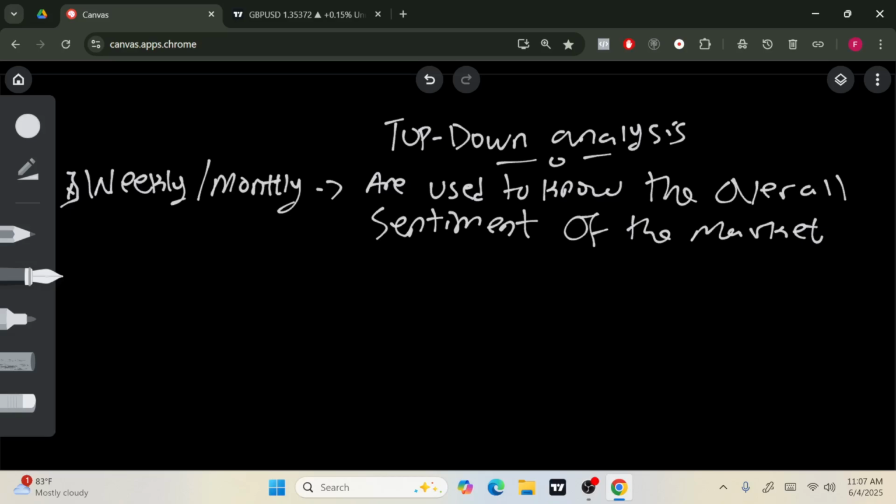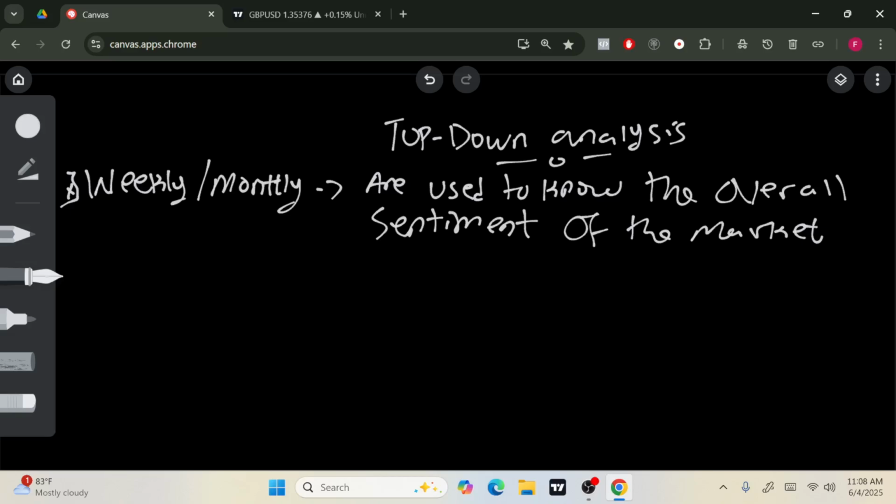That does not mean that you cannot check other elements of technical analysis, but you just want to know the overall sentiment of the market. Are we following? And what do we mean by sentiment of the market?